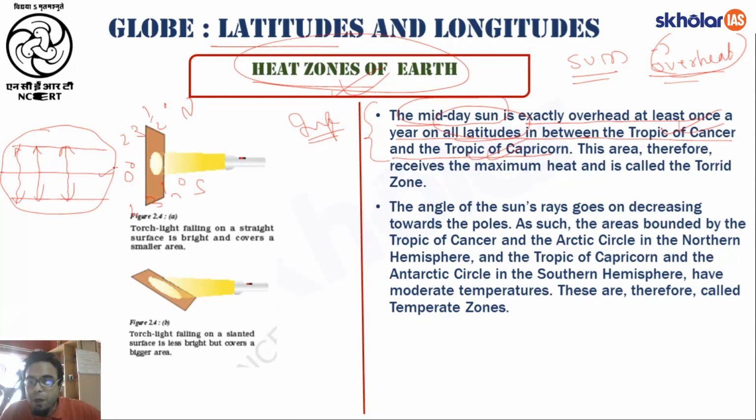The sun can be perpendicular at 0 degree latitude, it can be perpendicular at 1 degree, it can be perpendicular at 14 degrees, right? So for all the latitudes between 0 degree to 23.5 degree north and south, meaning all the latitudes between the Tropic of Cancer and the Tropic of Capricorn, at least once a year the sun will be perpendicular to that latitude.